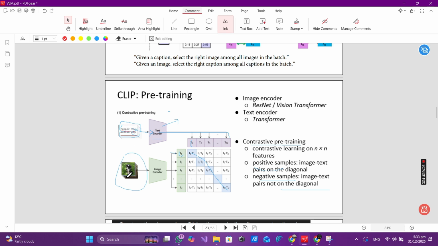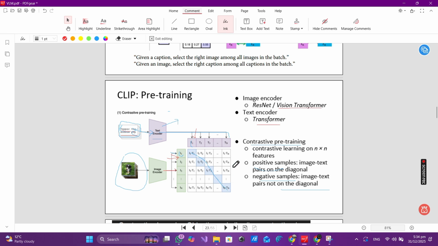We pass it into the text encoder, which is the transformer, and you must have learned it in the previous lecture, but just for an overview, it's the same as ViT. The concept is the same: we pass a sentence, it's broken down into small tokens, there's a positional embedding, and we learn the relationship between the words, like pepper and pup, with the attention mechanism, like in the ViT. Then when we do the encodings, this is the image encoding, these are the text encodings, and then we get a matrix kind of.